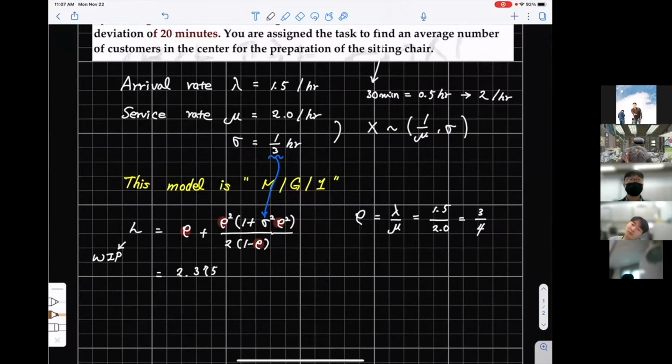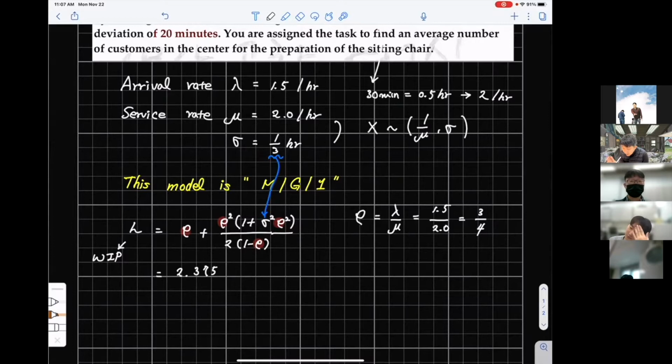Through the calculation, the number came out as 2.375. So it means that the average number in the system, meaning the cell phone repair center, is 2.375 persons.